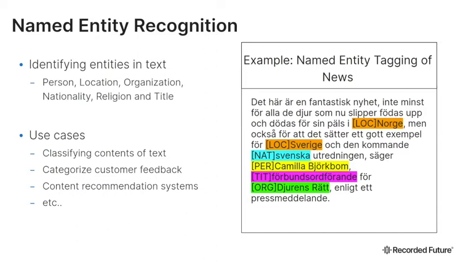It is a task that is used to extract key information in the text. It's regarded as one of the core tasks in NLP because of the level of insight that you can reach in your analysis through it. The use cases that we mention here are just some of many: classifying content of text, categorizing customer feedback, content recommendation systems, and so forth.